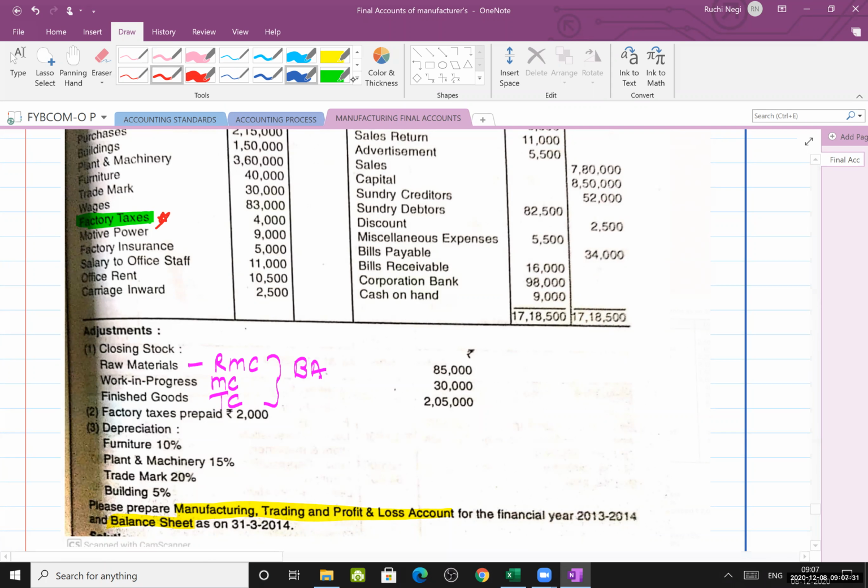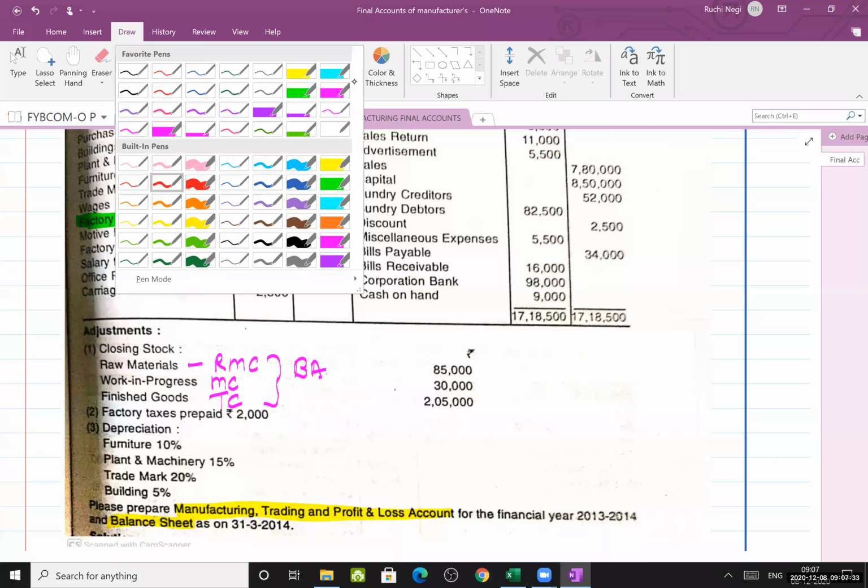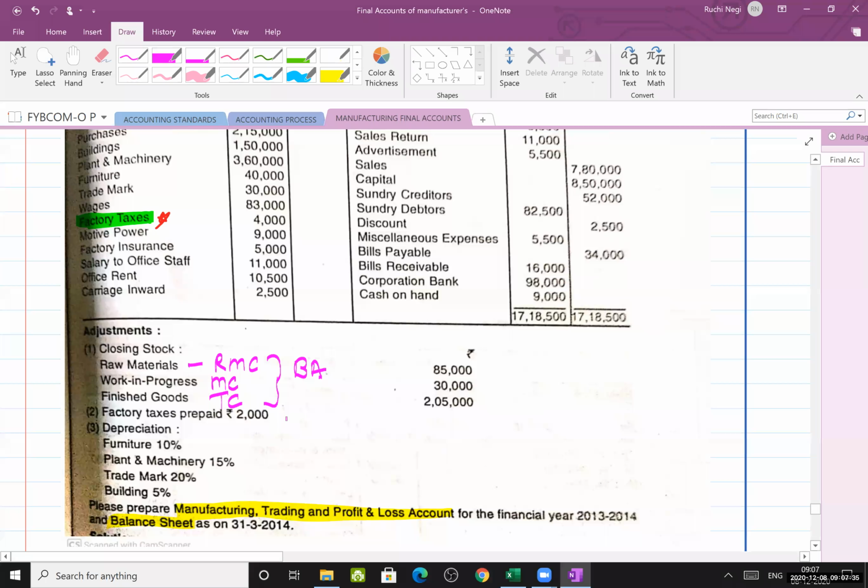Okay, it's prepaid. Prepaid is subtracted from the concerned expense, and second effect will be obviously balance sheet asset side. Okay. Next comes depreciation. So we are done with closing stock. We are done with prepaid factory.